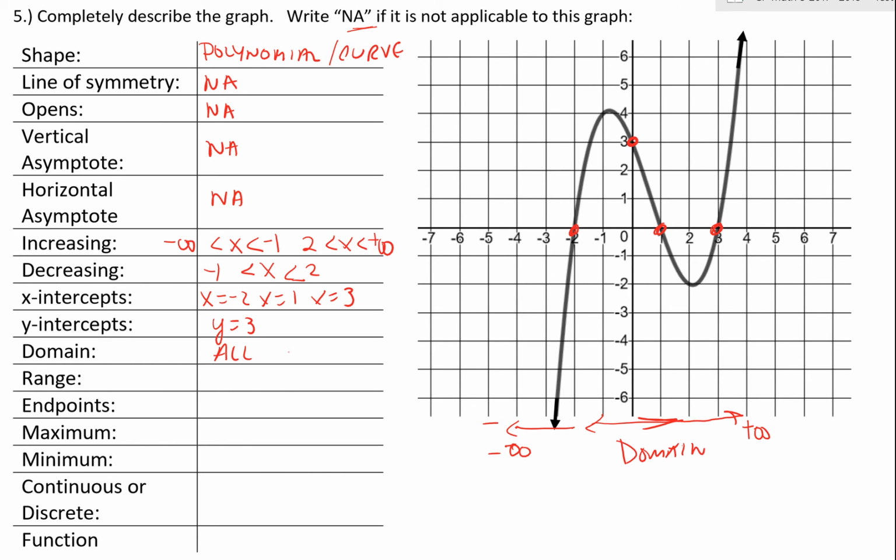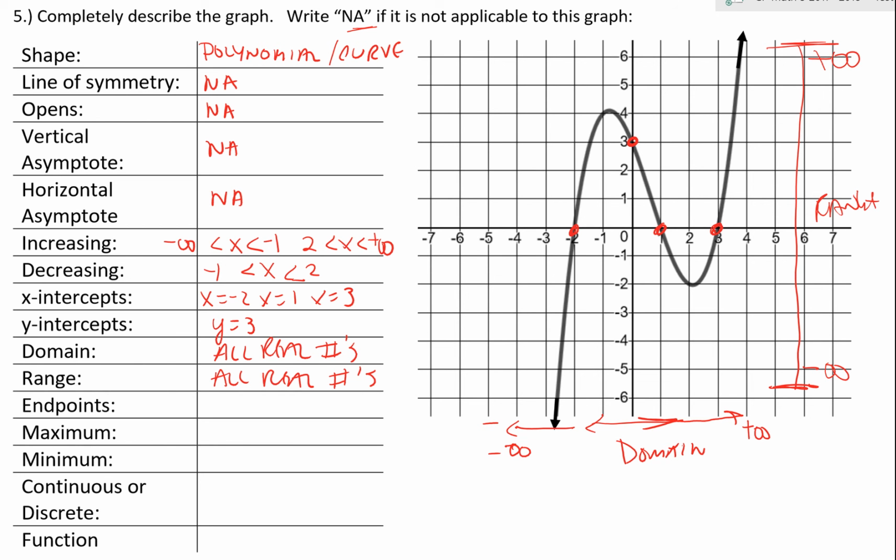All real numbers. And then when we look at it this way, for the range, we're going to positive infinity this way and negative infinity here. So again, the range is going to be all real numbers as well. So all real numbers. All right.